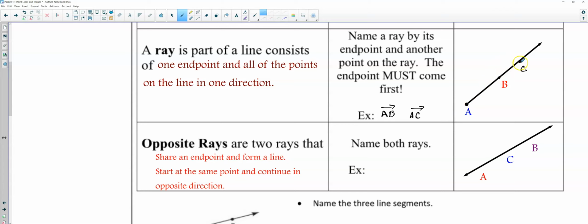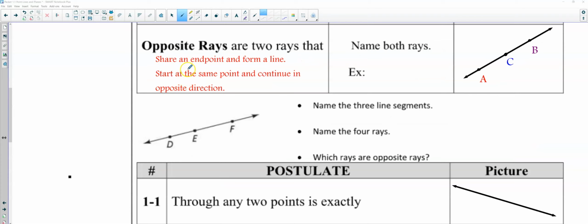The most important thing is where it begins. The other point just tells me in which direction it is going. So B and C are in the same direction, therefore ray AB or ray AC, we're referring to the same ray, okay?